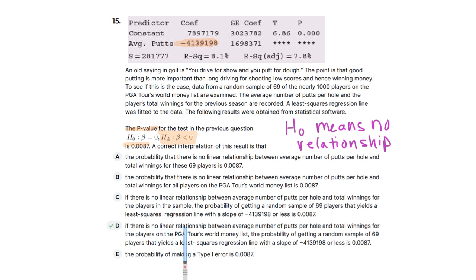If there is no linear relationship, the probability of getting that random sample that we got was really, really small. All right. Yeah, this one's just right out there. And I think the problem with these is just reading fatigue and putting it all together, so just be really careful. If you really understand everything you're saying, it will be easier to read through these and figure out the correct one.